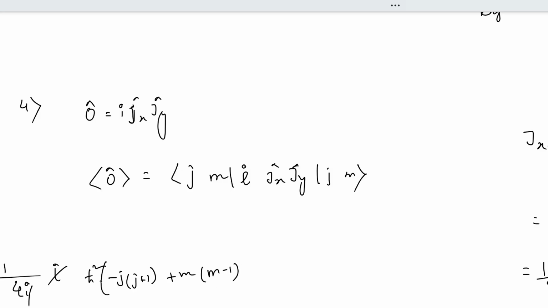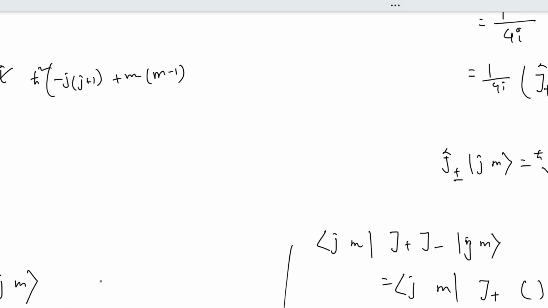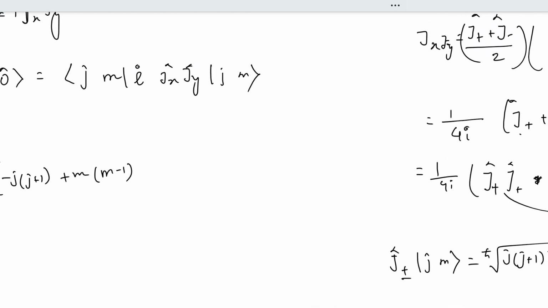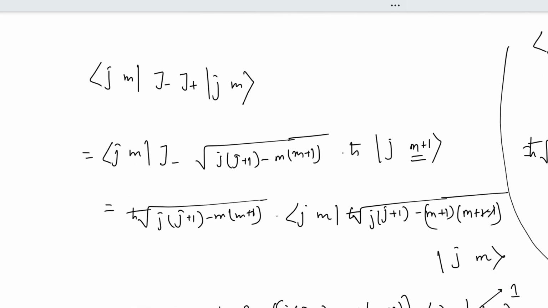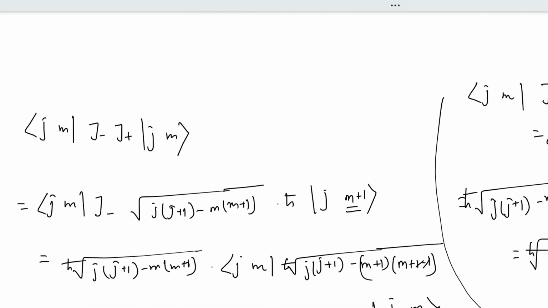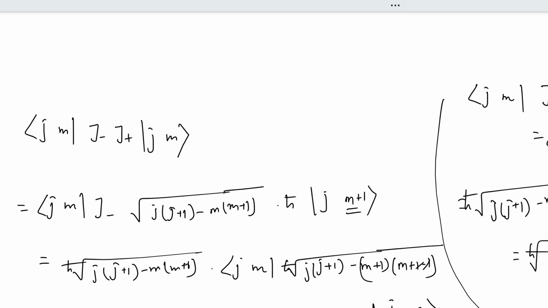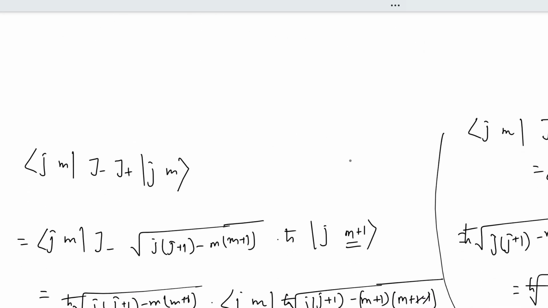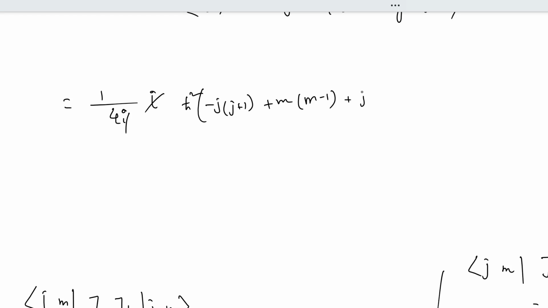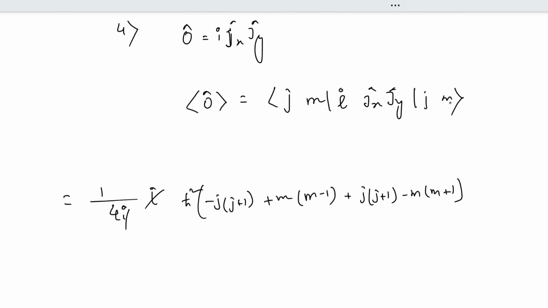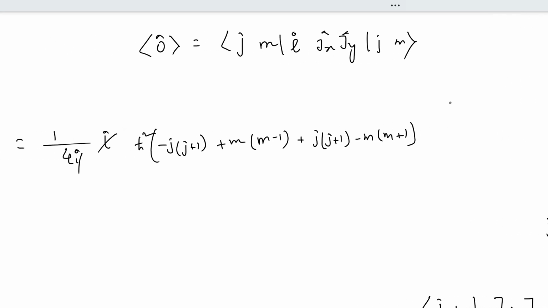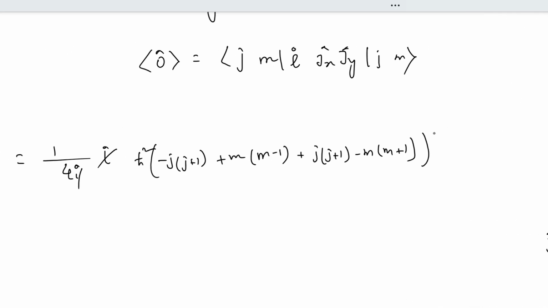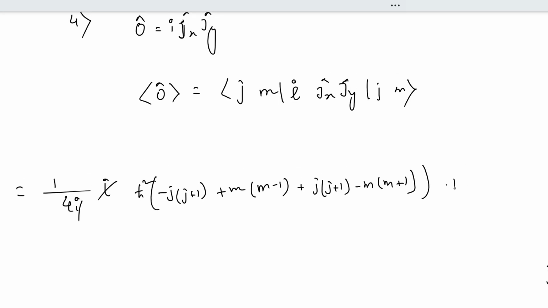H cut squared is taken as common, and then j minus j plus has a plus sign, so that is j into j plus 1 minus m into m plus 1. So this is plus j into j plus 1 minus m into m plus 1. All of the rest of the terms will be 0, only this is 1.